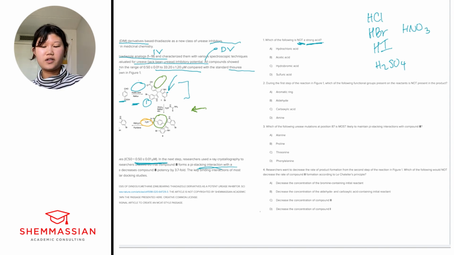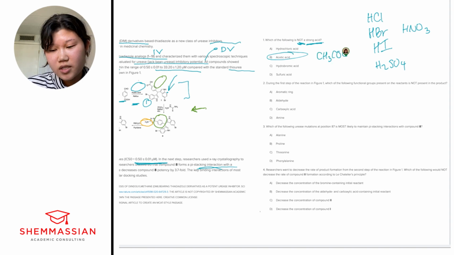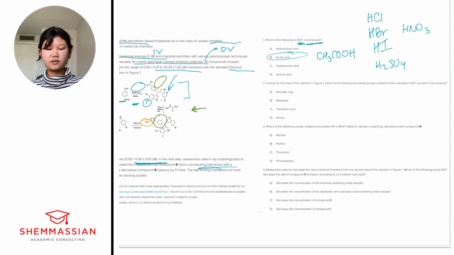So all of these are strong acids. And so the one that is not on that list is acetic acid, which is CH3COOH. So this question is fairly straightforward.